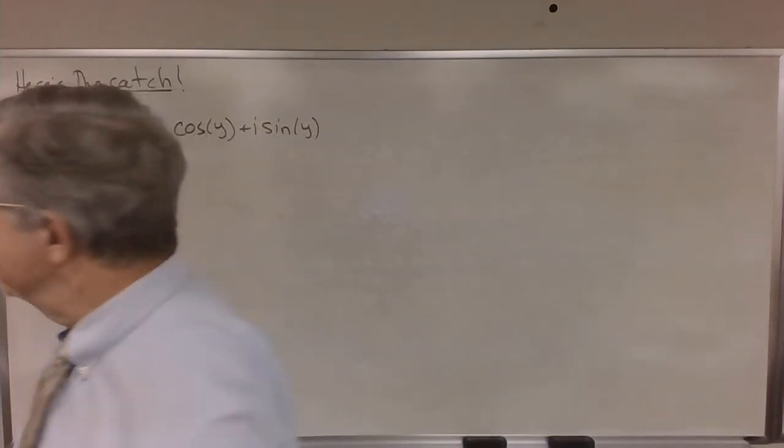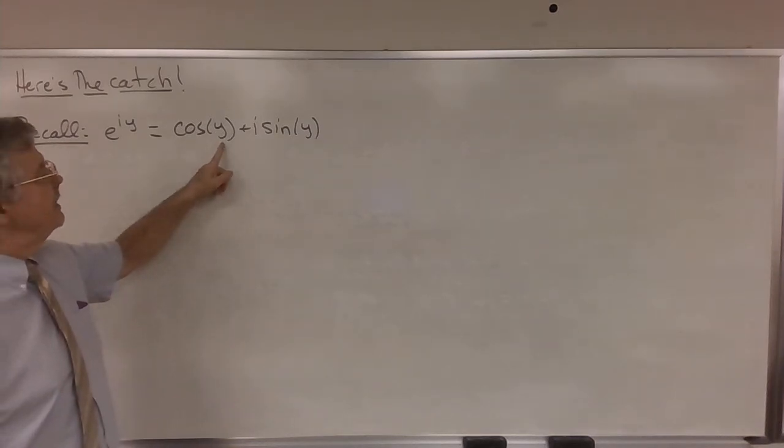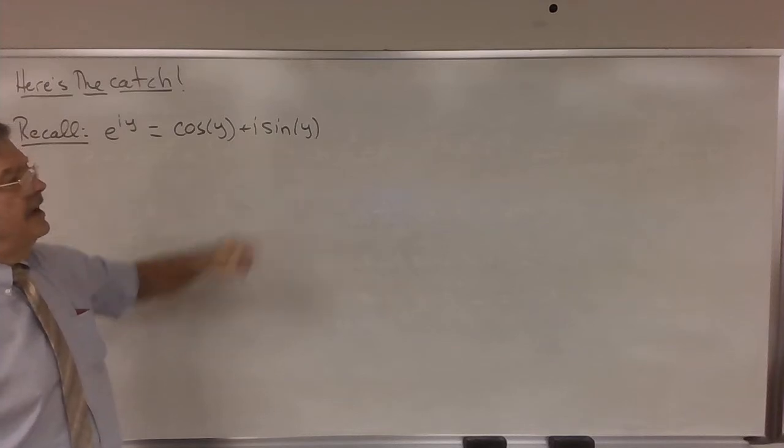Here's where the trouble comes in. We have e to the iy, which is exactly the same thing as cosine of y plus i sine of y.